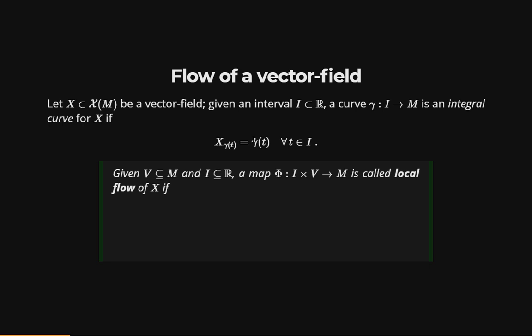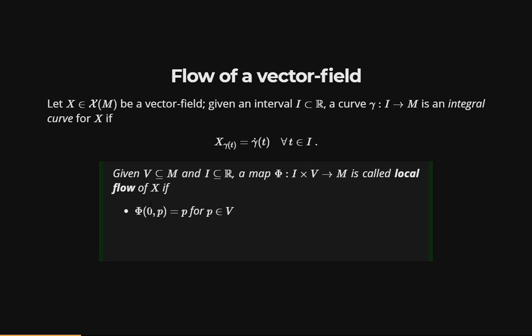Now, given an open set V in M and an interval I in R, a map from I times V to M is called the local flow of X if, a notational thing, I is understood as a time variable.